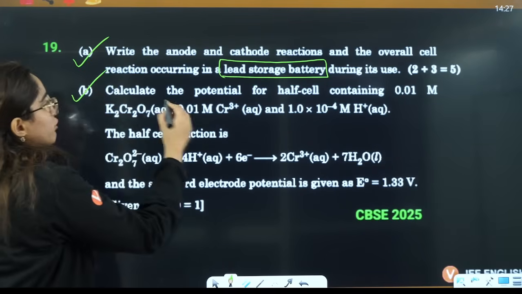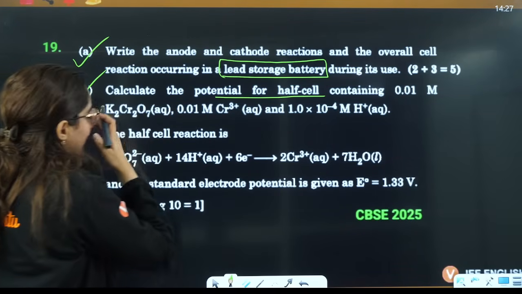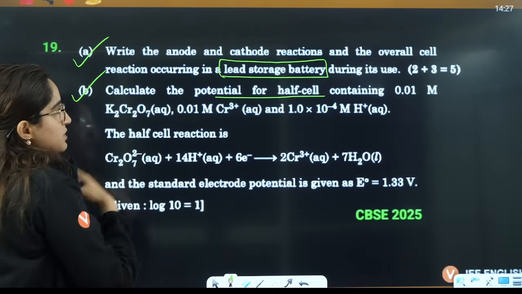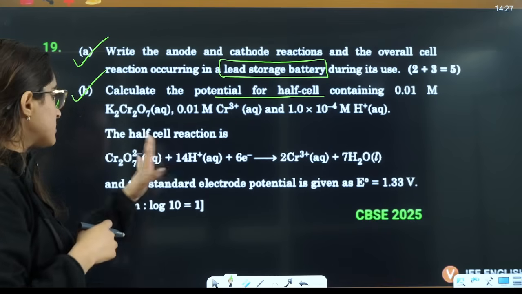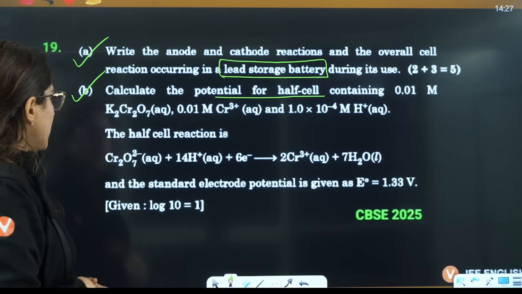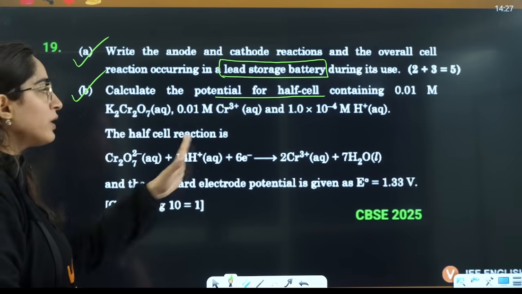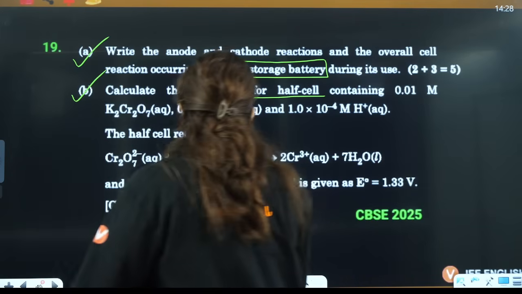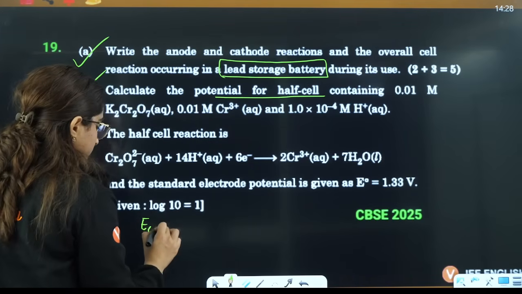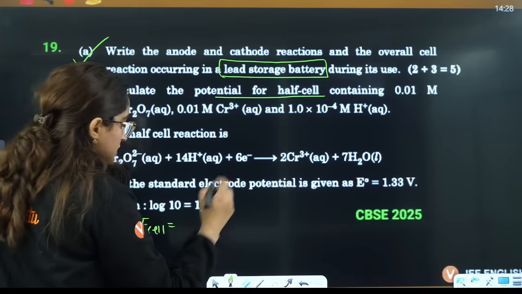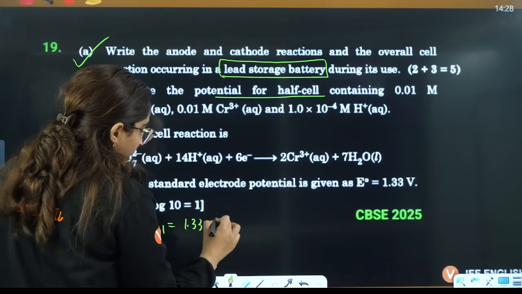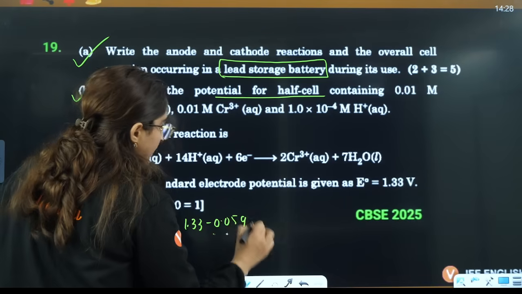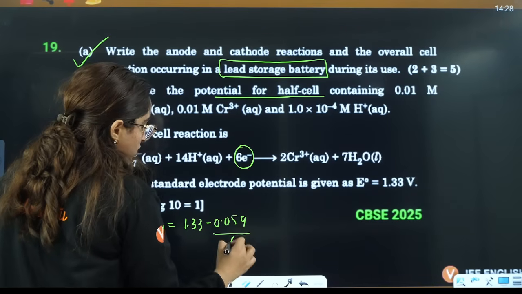Then calculate the potential of the half cell containing this much of this and this much of this. This is the half cell. Here only reduction is happening. So E cell, E naught is given as 1.33 minus 0.059 over n, where n factor is 6 electrons here.